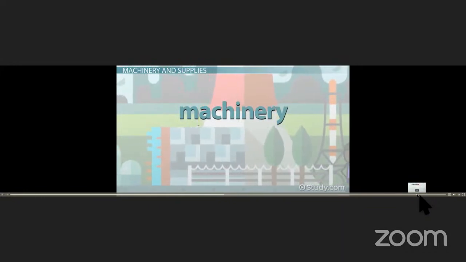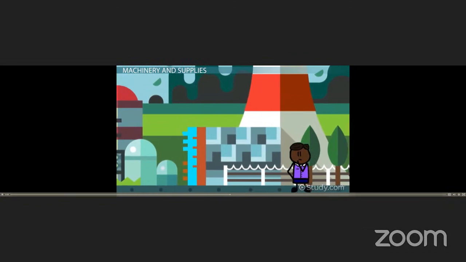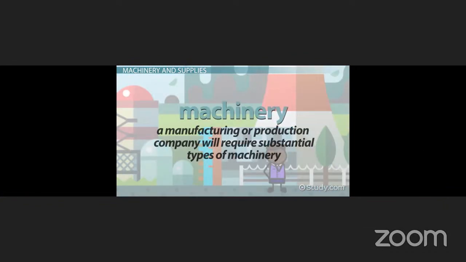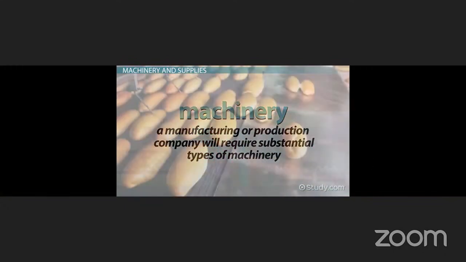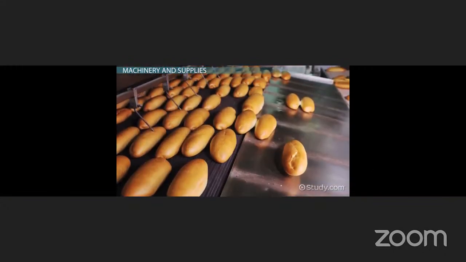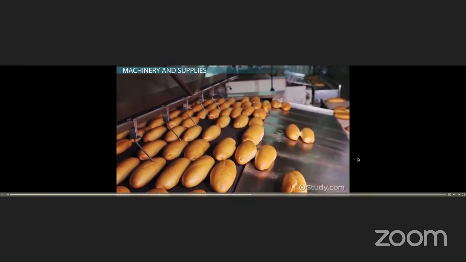Machinery can be an extremely costly expense for most companies. Depending on the type of business, machinery can be a sizable resource. A manufacturing or production company will require substantial types of machinery. Have you ever seen the inside of a bread factory or the like? Huge machines, interlinked and taking up an enormous amount of space.